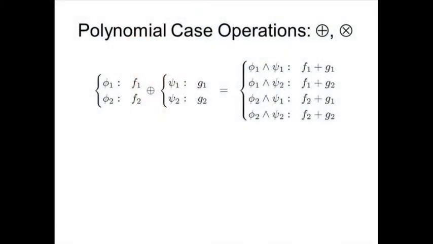If I want to do plus on these two functions, and I want a case statement as a result, first question for the audience: how many case partitions would be in the result, at least naively? Four? Good.